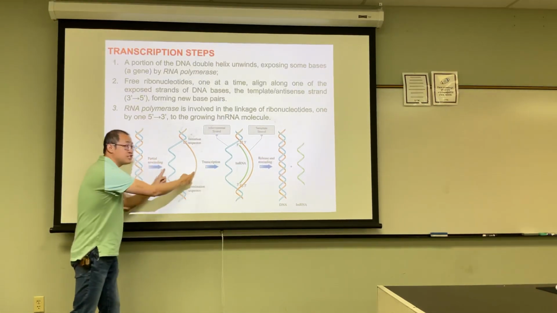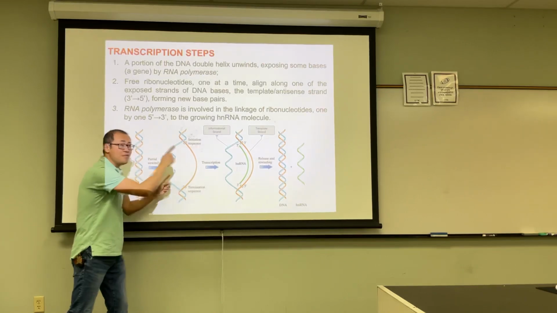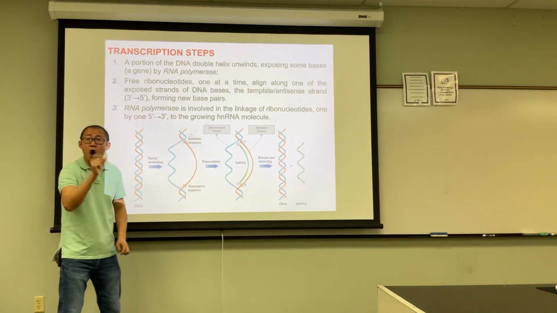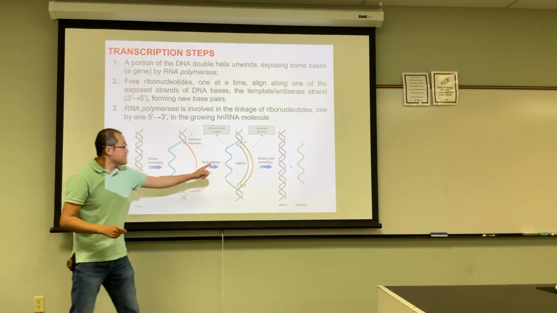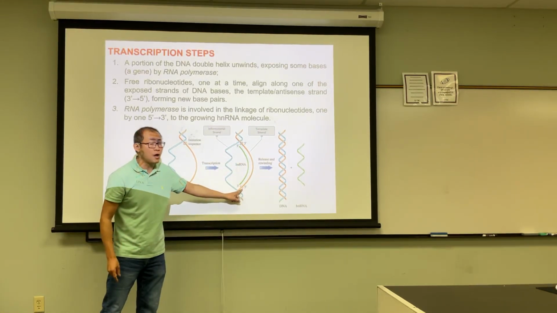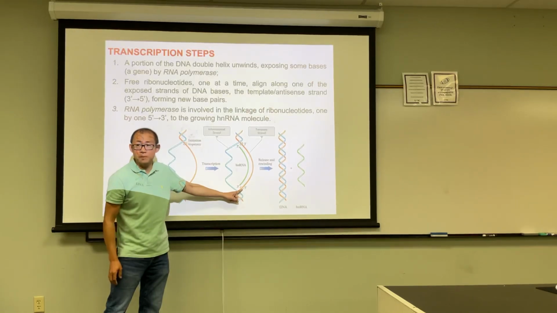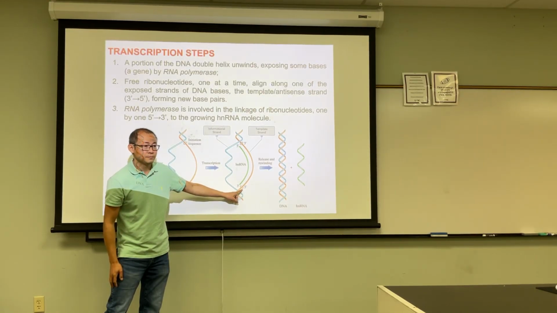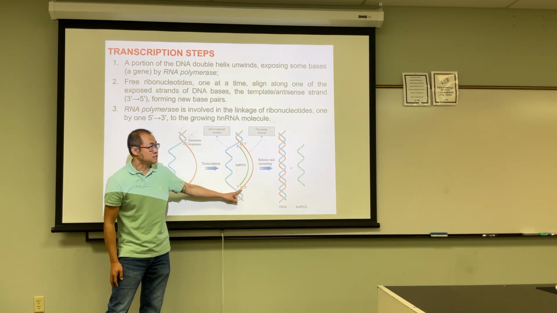So between these 2 strands, the one that is used to guide RNA synthesis is the one from 3 to 5'. We call this strand the template strand. Sometimes you call it the antisense strand. Okay, template strand is antisense strand.